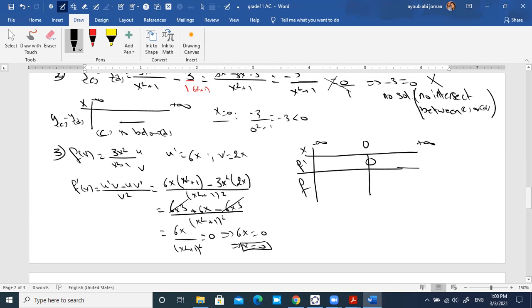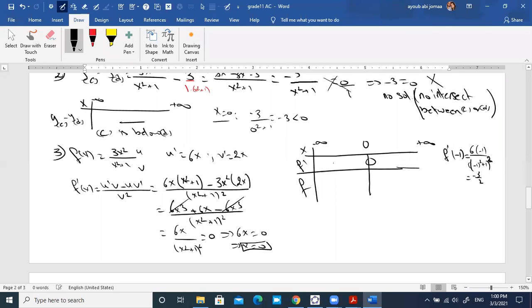or replace, let's say in f prime, a number less than 0, take negative 1. It is 6 times negative 1 over negative 1 squared plus 1 squared. The answer is negative 6 over 4, so negative 3 over 2.